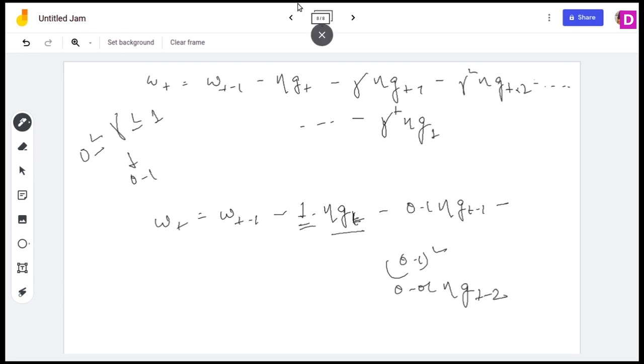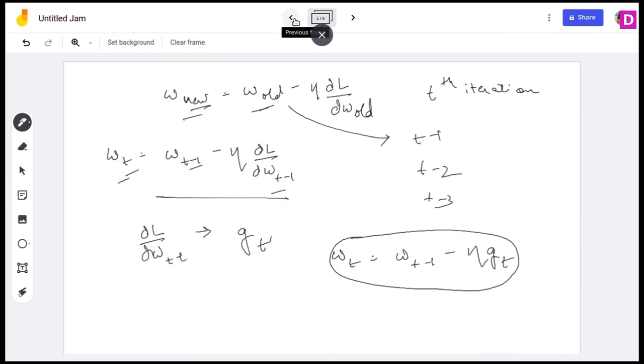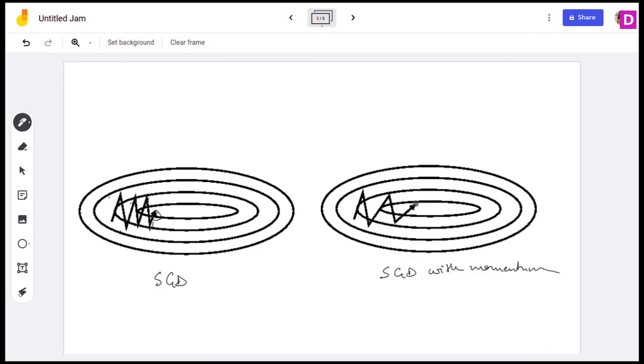What is happening is you give the most weightage to the point for which it is being calculated, but you also give some weightage to these points. However, the weightage keeps on decreasing. For the tth iteration, you have a weightage of 1. For the t minus 1 iteration, you have weightage of 0.1 for gamma equal to 0.1.